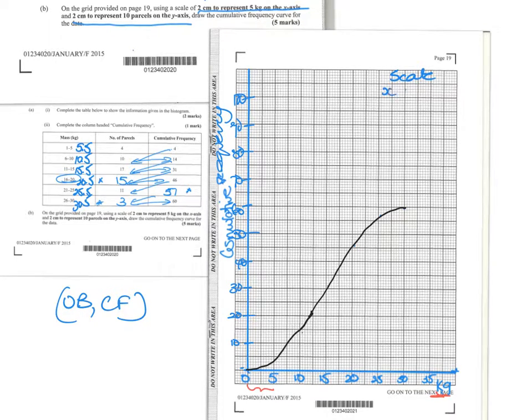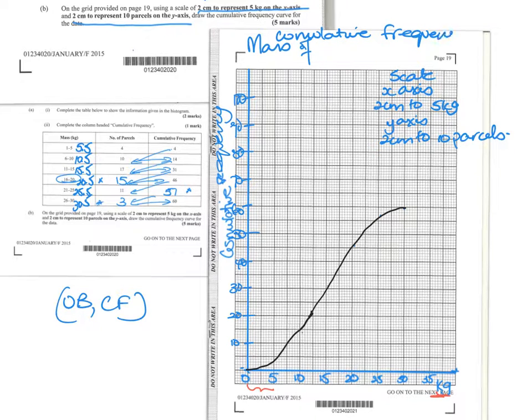On the x-axis we had 2 centimeters to 5 kilograms, and on the y-axis we had 2 centimeters to 10 parcels. And we put in a title, which would be cumulative frequency curve showing the mass of parcels.